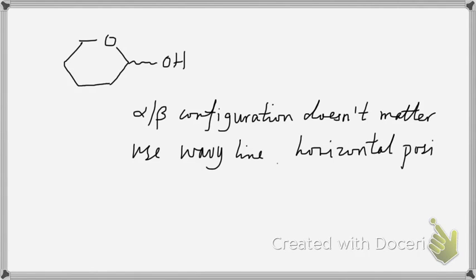When the alpha or beta configuration doesn't matter, and you don't have to show if the OH is up or down, then you can use a wavy line in horizontal position, like shown here, to indicate that it could be either the alpha or beta form. All right.